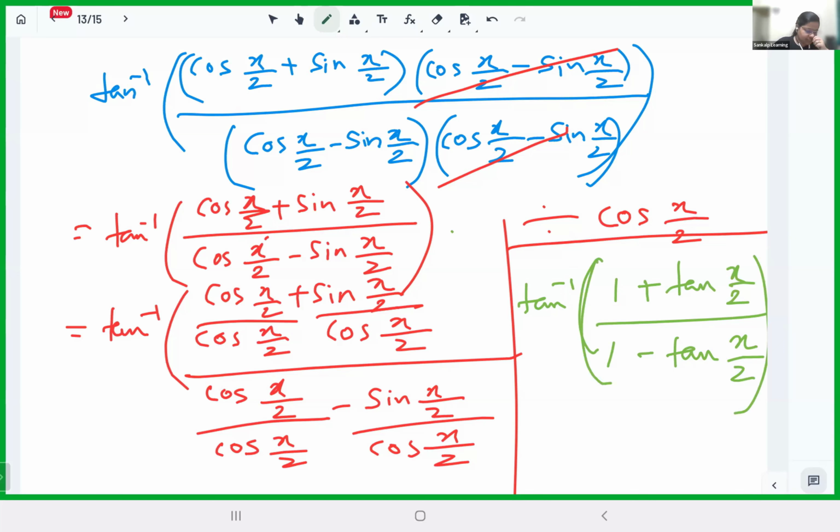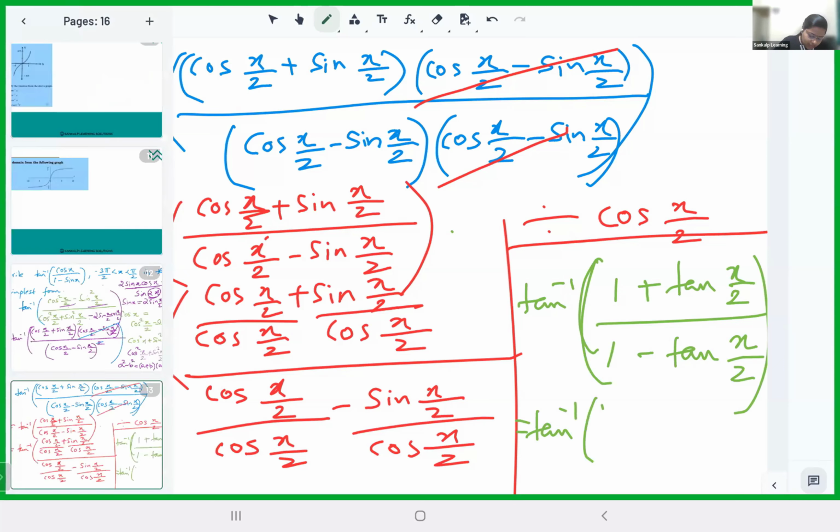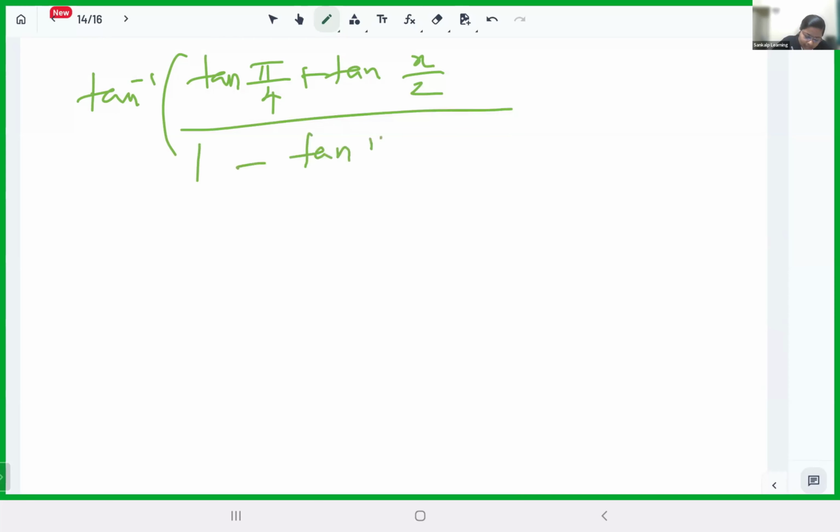Now I am writing this 1 as tan pi by 4, because the value of tan pi by 4 is 1. So I can rewrite this as tan inverse of tan pi by 4 plus tan x by 2, and the denominator is 1 minus tan x by 2 multiplied by tan pi by 4.